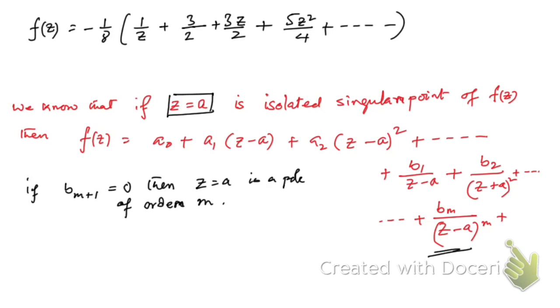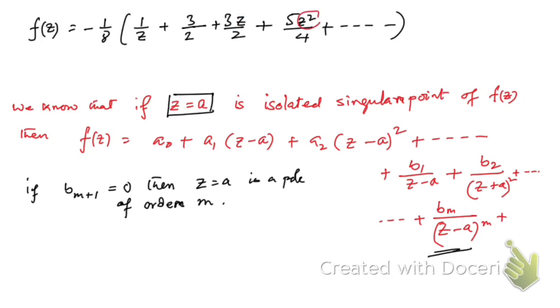In this case, this z is considered to be z minus 0, because we are going to verify that z is equal to 0 is the pole of order 1, so that's why.